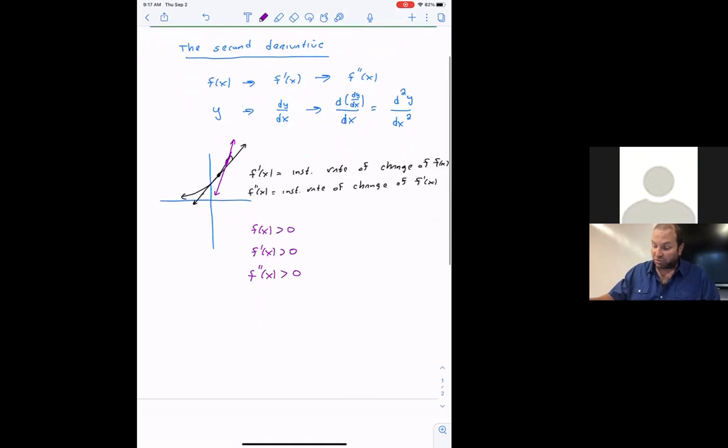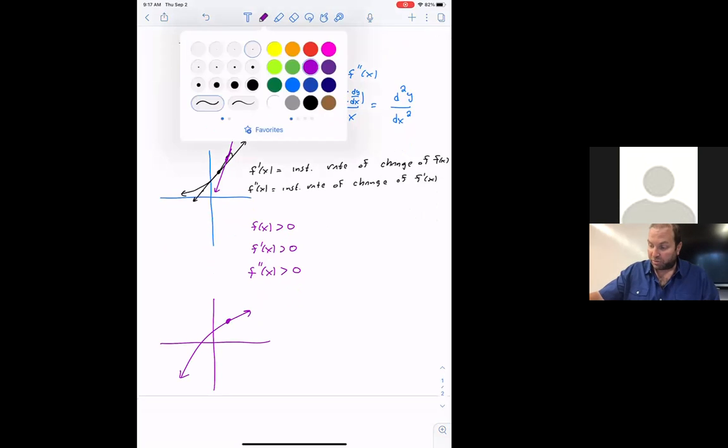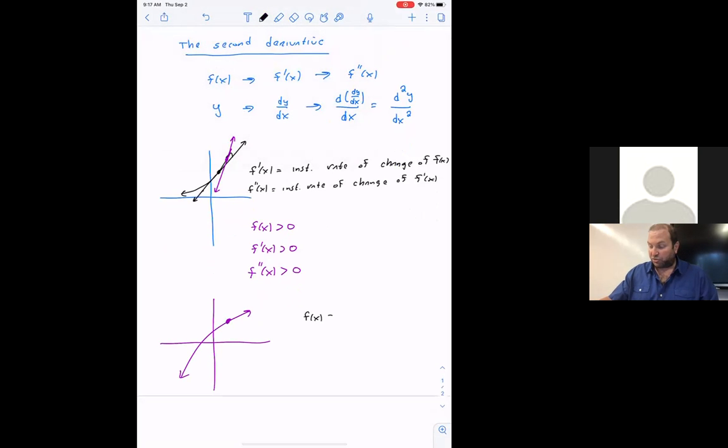If I have a function that looks like this, and I look at this point right here, for example, let's do the same thing. The function is greater than 0 because I'm above the x-axis. The derivative is greater than 0 because the slope of the tangent line is positive. But as I move down the line, the slope actually gets shallower. The slope goes down. Because the slope goes down, that means the derivative value is going lower, getting smaller.